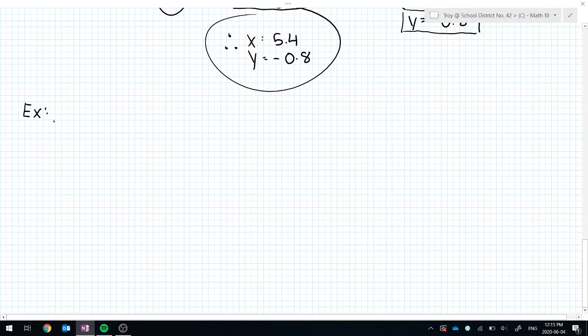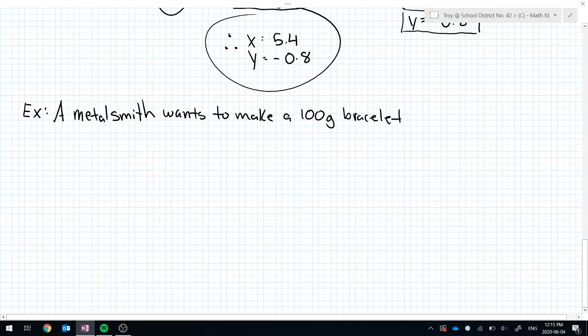So this one, a metalsmith wants to make a 100-gram bracelet with a 50% silver content. He has 2 metals to use.